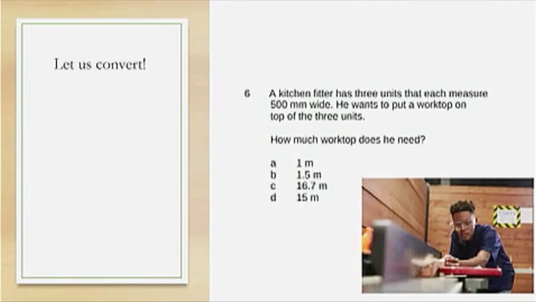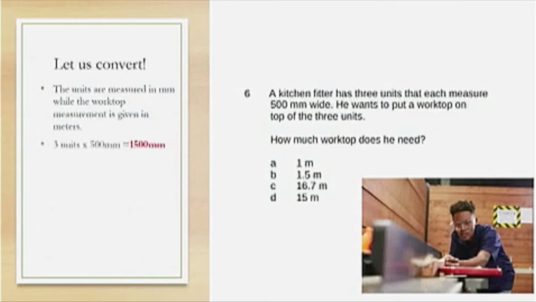The options you have are in meters. But as you can see, the measure that was given to you for the units is in millimeters. So you'd have to do some conversion so you know exactly what you're working with. So 3 units at 500 millimeters is the same as 1,500.